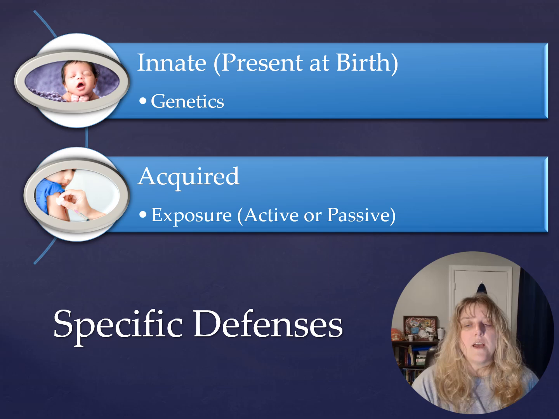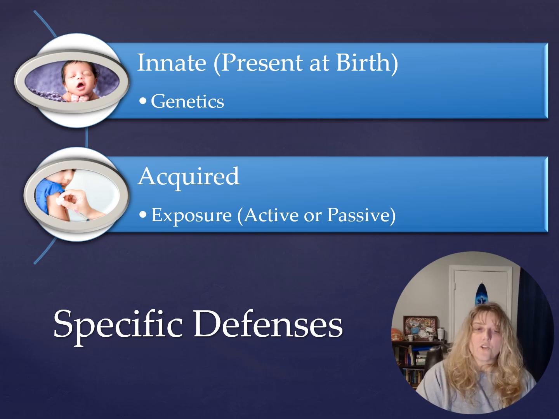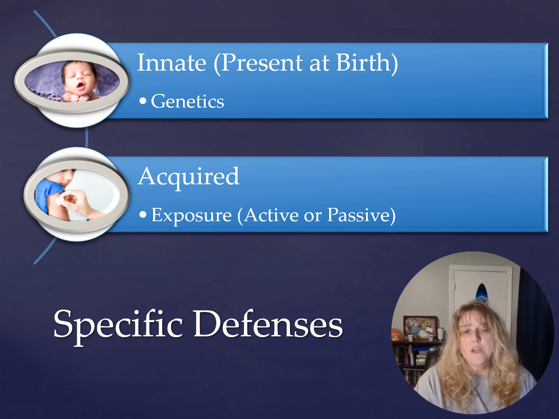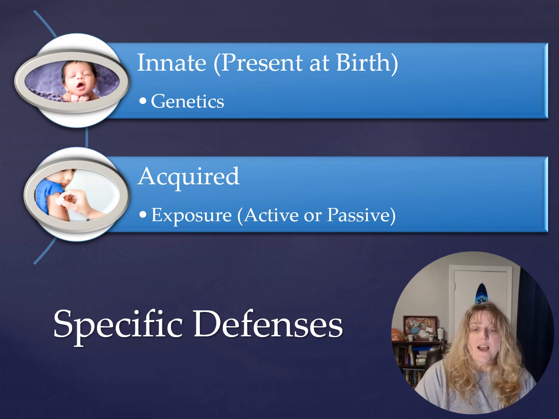Now, you do have these specific defenses that are innate, meaning they are present at birth, and that has to do with genetics. And then you have a section that's considered acquired, and the acquired is either active or passive. This gets complicated.